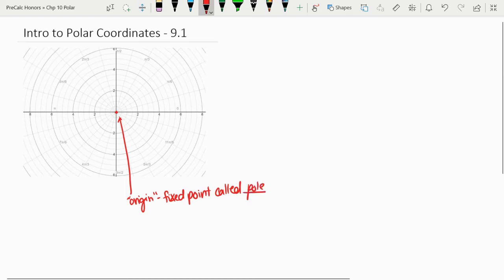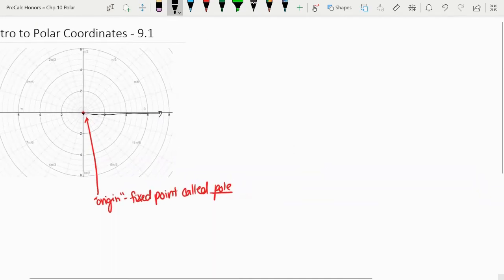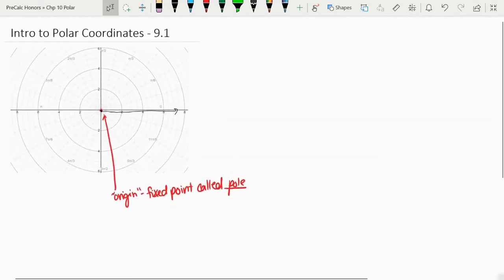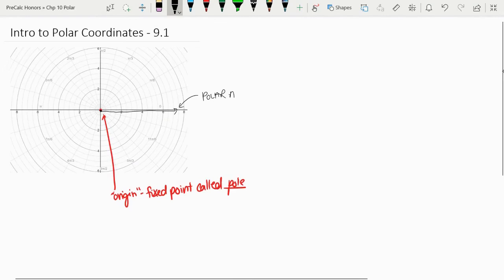And the polar axis, we don't really have an x-axis and a y-axis anymore. So the polar axis would be the initial ray. It comes from the pole and goes to the right, like directly east. So this guy over here is called the polar axis.